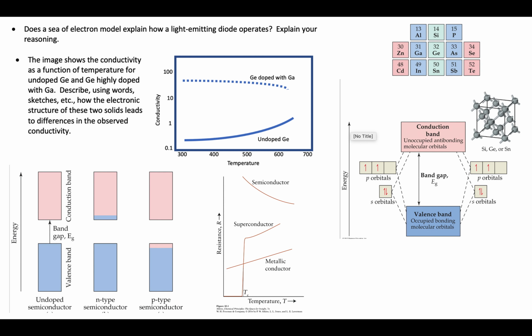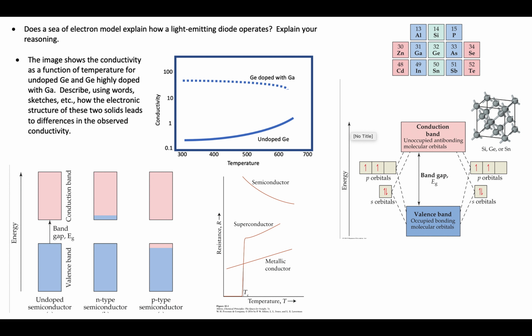The second one was looking at some conductivity data. This was a very effective question to have people share their understanding. So if we look first of all at the undoped germanium, if we think about semiconductors, remember the column on the periodic table, silicon, germanium, tin, that has 4 valence electrons.